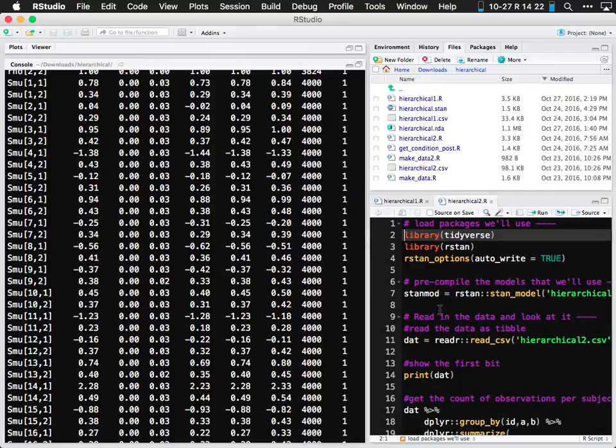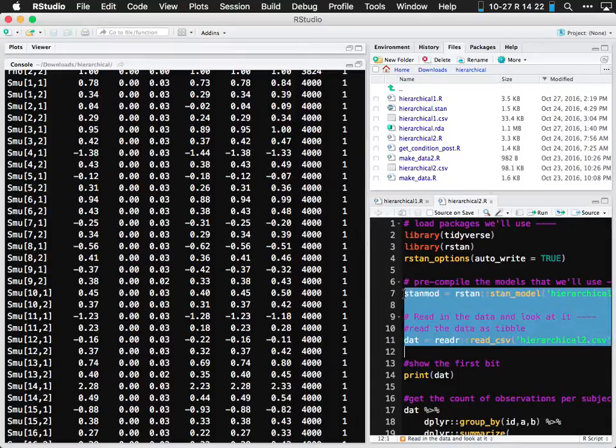This one's a 2 by 2 repeated measures ANOVA. And so we would be interested in the main effect of A, the main effect of B, and the interaction between A and B, whatever A and B are. So maybe it's the speed, accuracy instruction, and morning, night time.